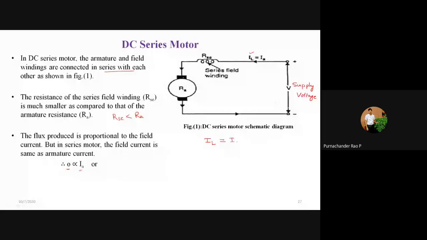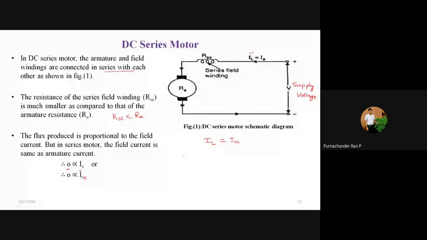The flux which is developed, phi, is phi SE, and phi is proportional to ISE. What is the terminal voltage equation for the series motor now?